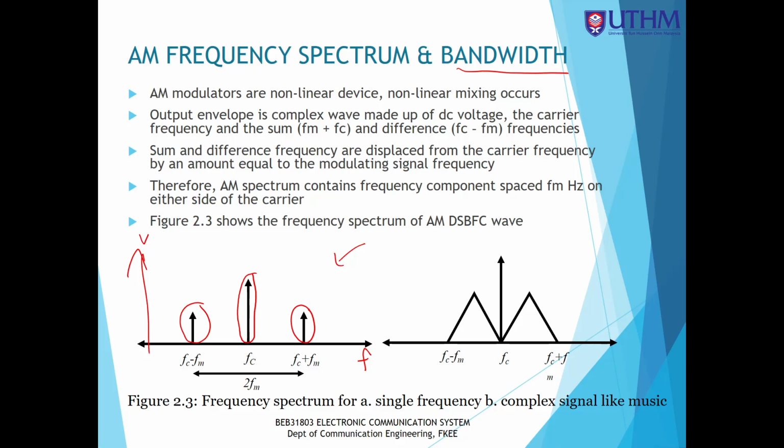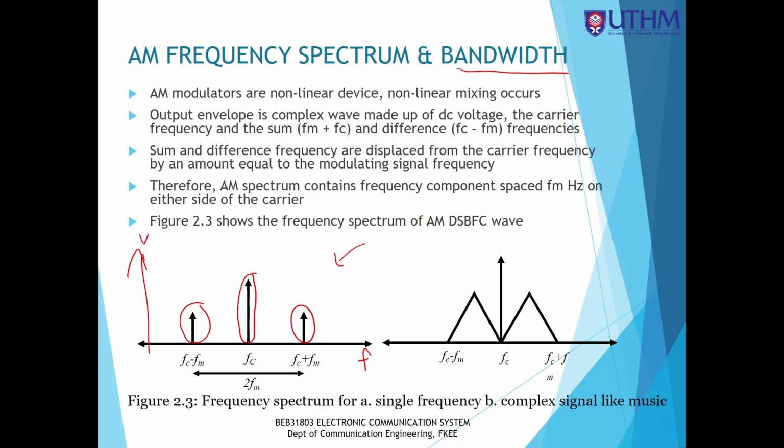The information is in the sidebands. Okay, so if you see from here, when you want to use double sideband full carrier, it is as if you transmit twice from the transmitter to the receiver.